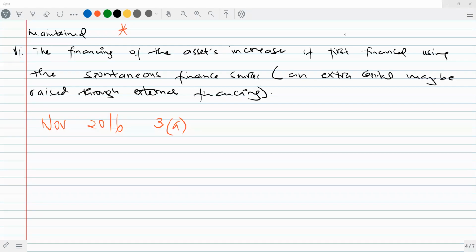I suppose that you have gone through the question and understand what the examiner is asking of you. Here, required one, the amount of external finance required.